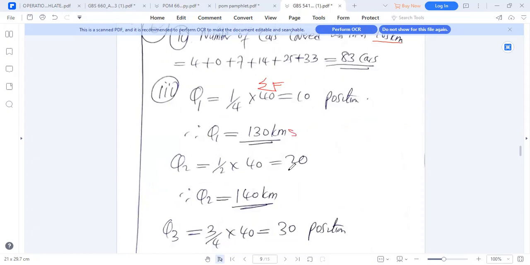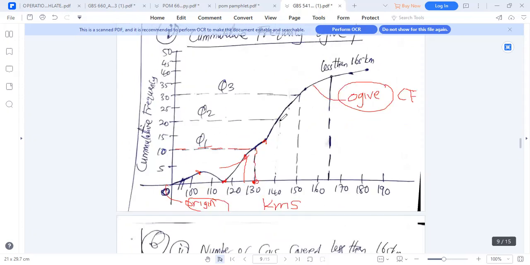Then here, you will say it's 20 because it's the median. So our median is 1 over 2 by 40, which is 20. So we check from here, the 20 is getting down here, so we are simply getting to this point.